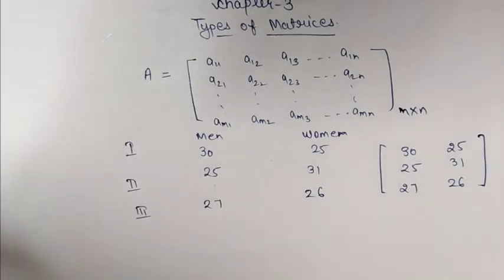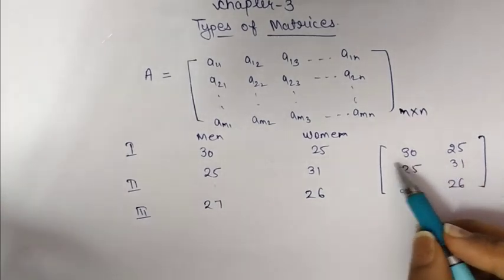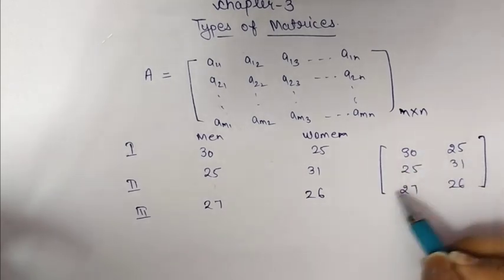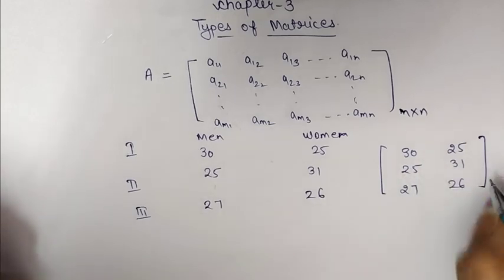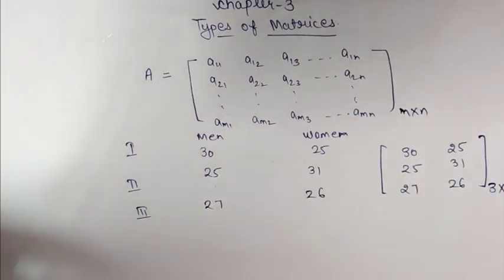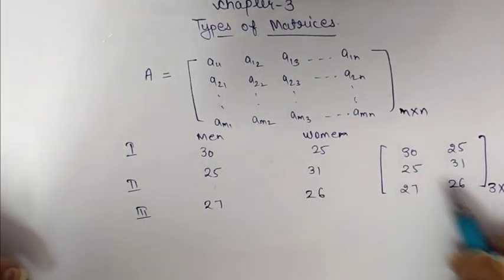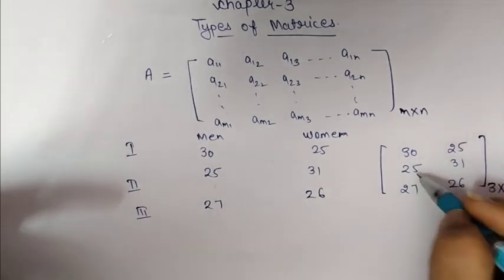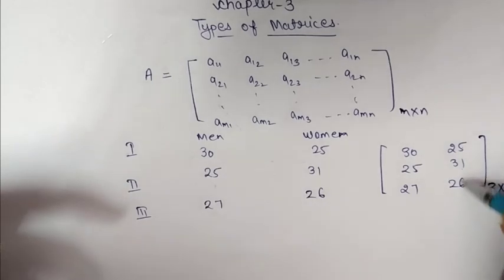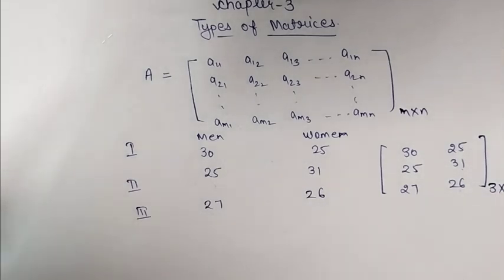And as you know, here we have the number of rows and here we have the number of columns. So the order of this matrix is 3 by 2 because we have a total of 3 rows and 2 columns. And we can also say that 30, 25, 27, 25, 31, 26 are the elements of the matrix.